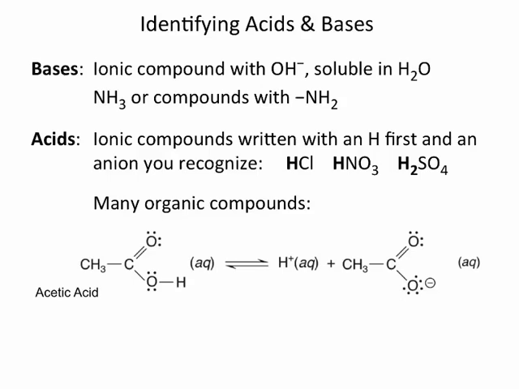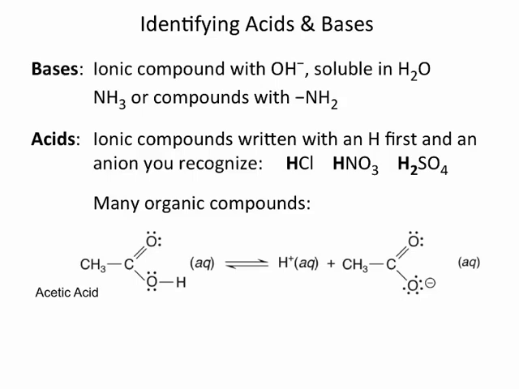Acids, the easy ones to see are ionic compounds where the cation is H+. So you'll have an H first and then some anion you recognize, like HCl, where chloride is the anion you recognize, HNO3, where NO3 is the anion you recognize, things like that. And then there are a boatload of organic compounds that are acidic.